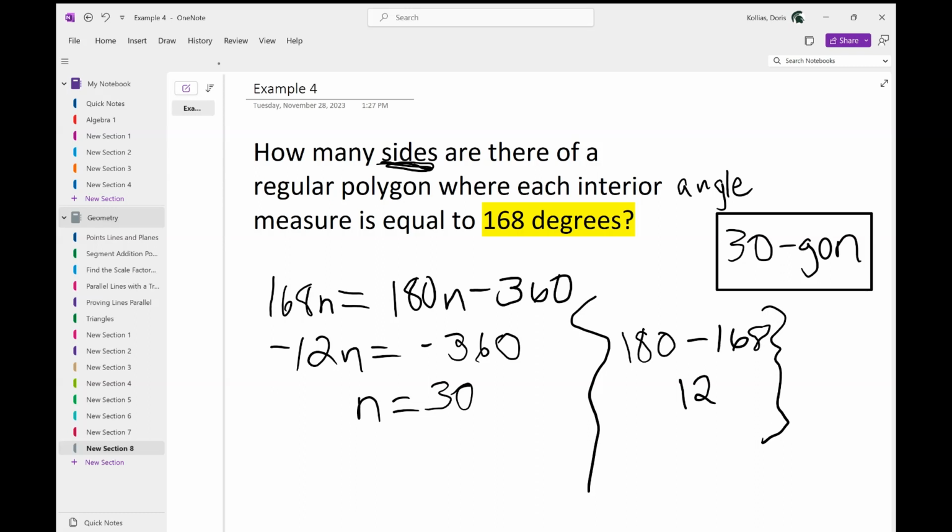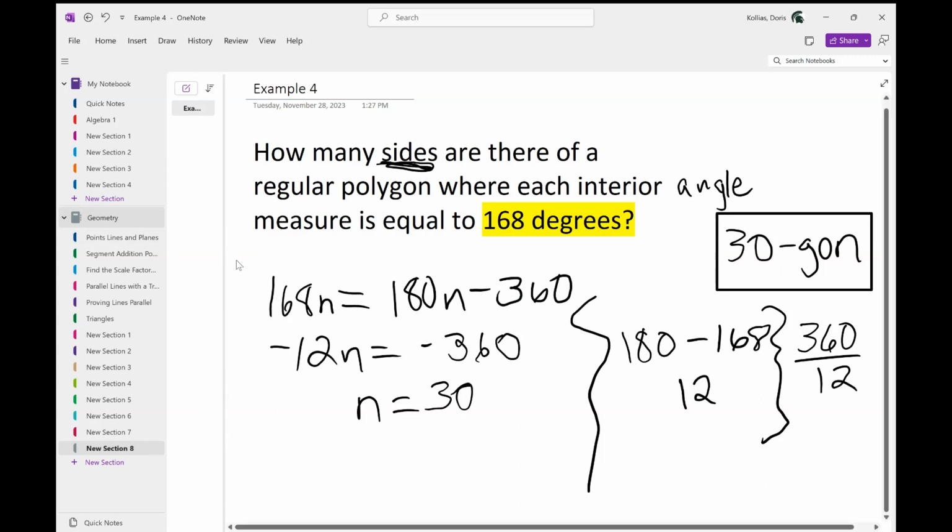I would divide that number into 360 to get my answer. And if I divide 360 by that difference, I'll get my answer, which is 30. Let me write that a different way.